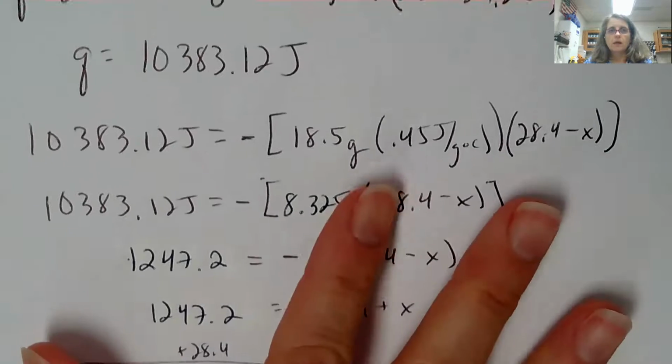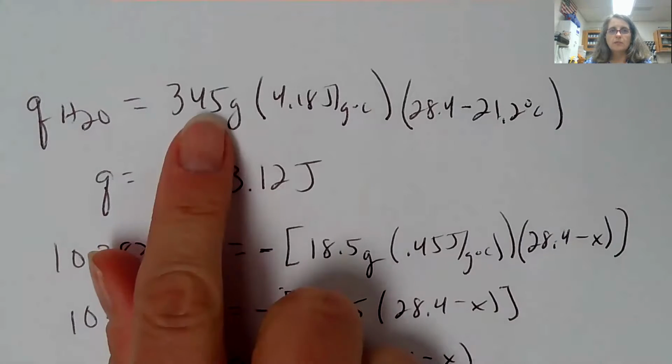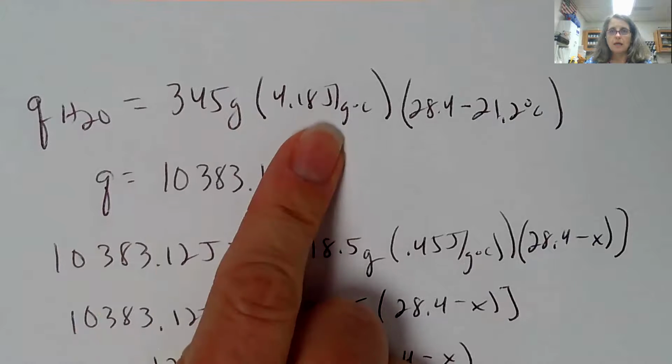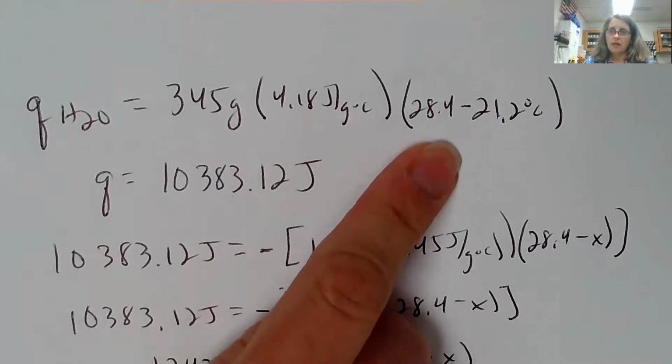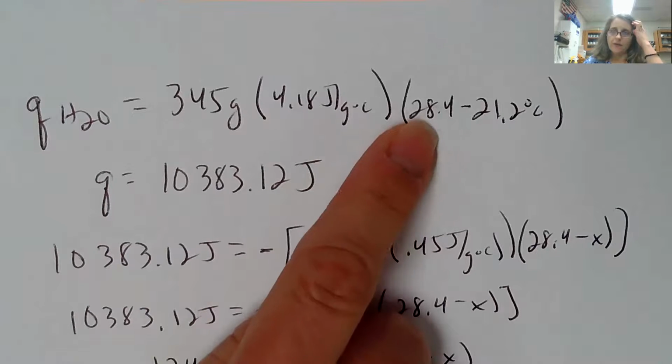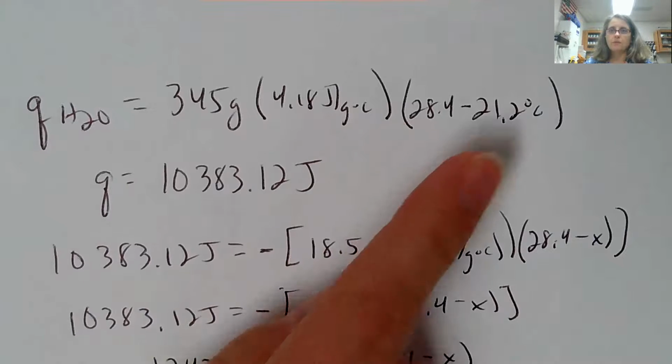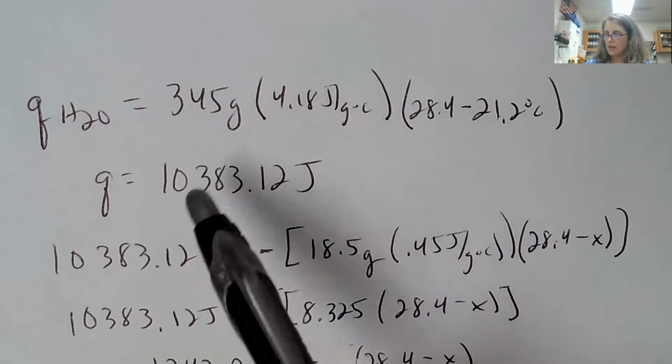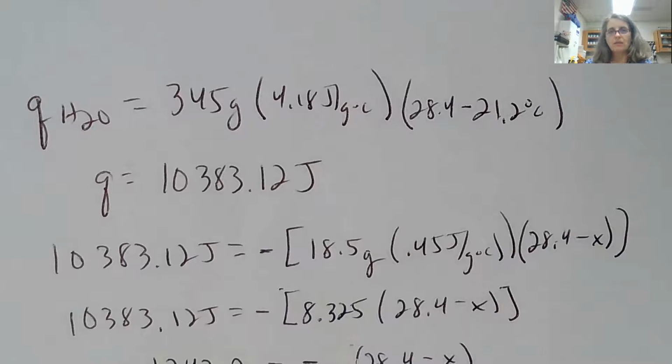So again, the heat of the water is going to be 345 grams times the specific heat. And then how much did the water change? So the final temperature of the water is 28.4 minus the initial temperature. So I get around 10,383 joules.